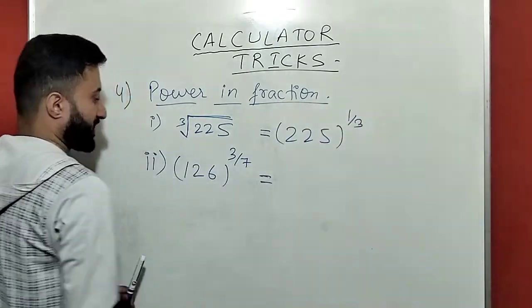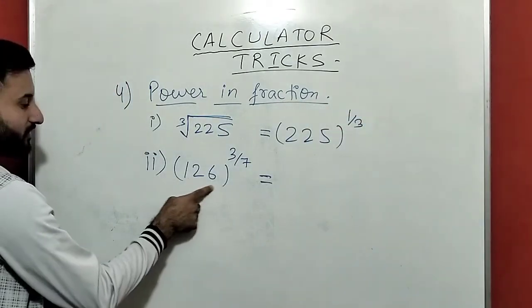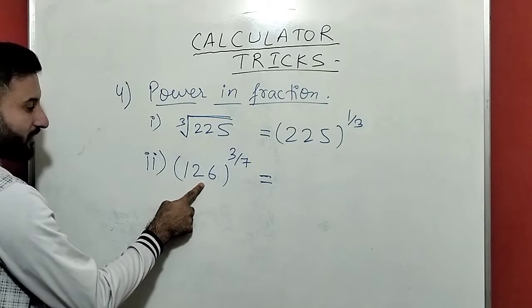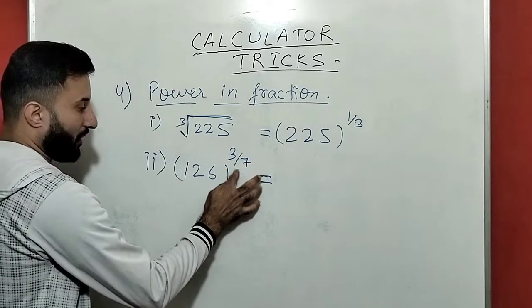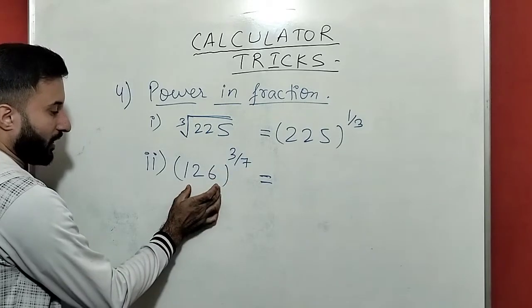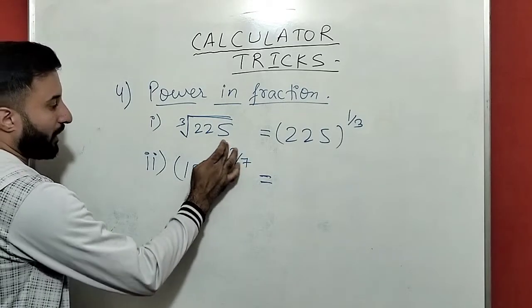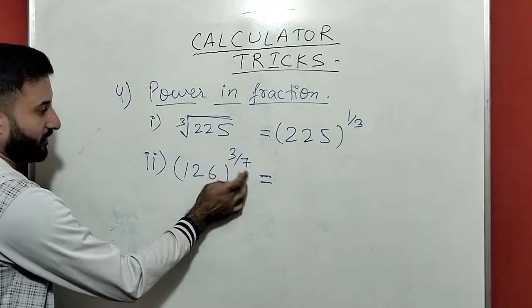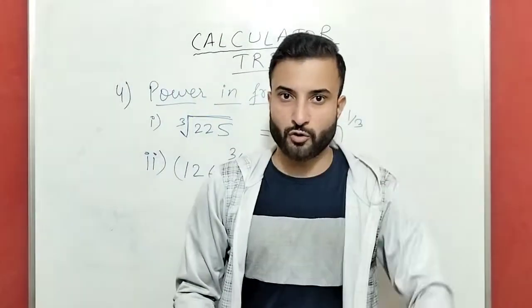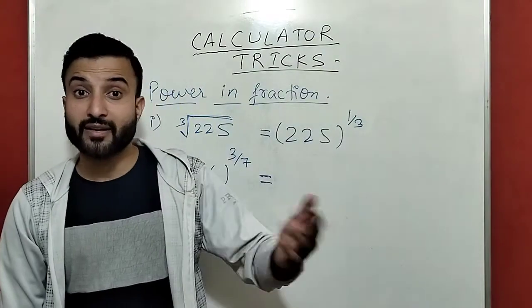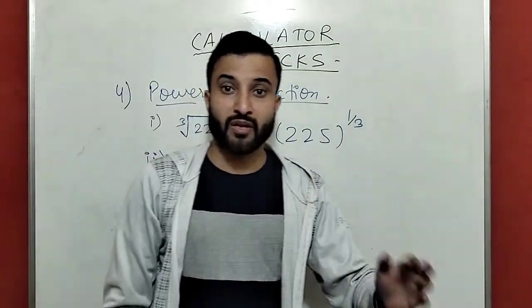The next example is 126 power 3 by 7. The power is in fraction, 3 by 7, numerator and denominator. So how are you going to find that?